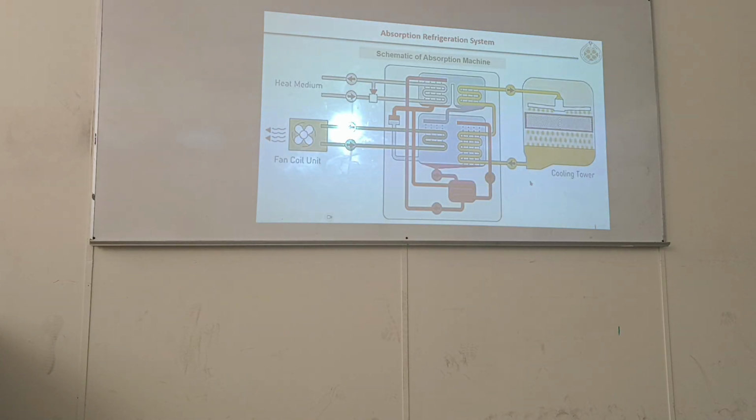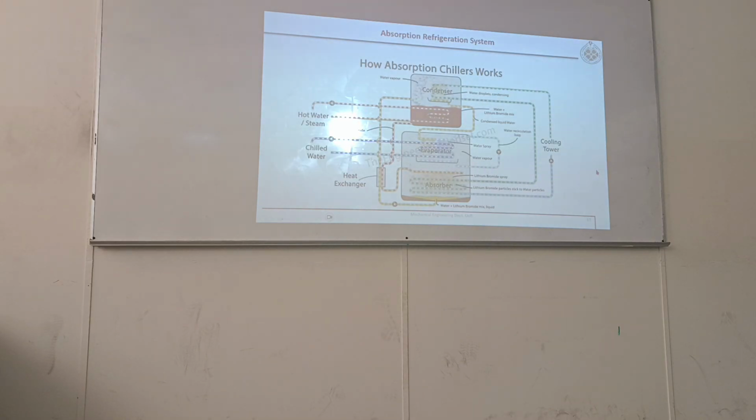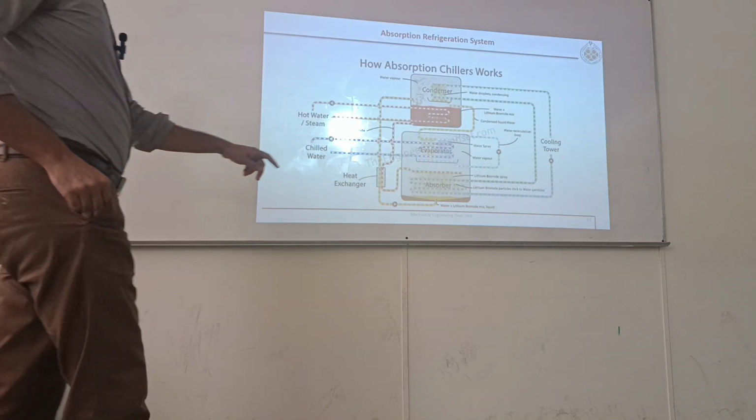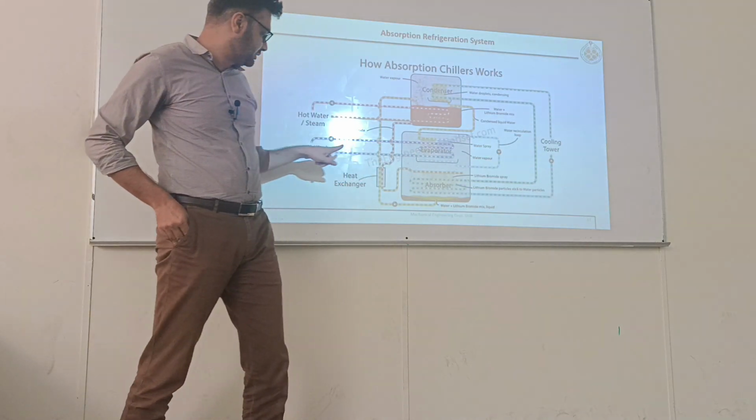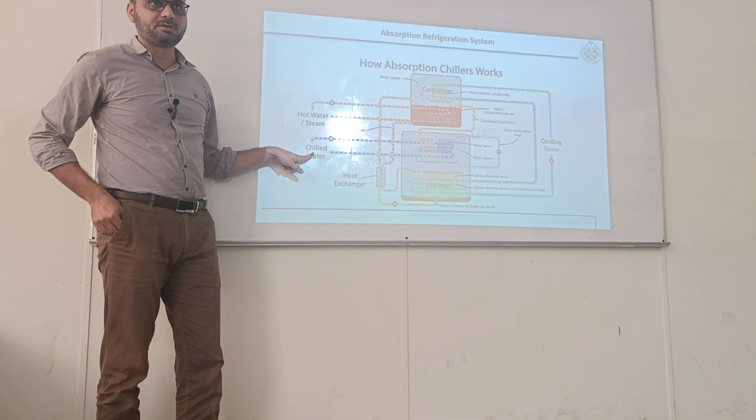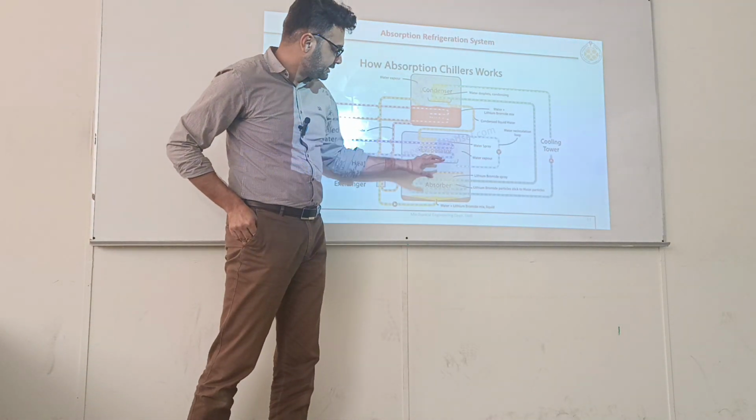Okay, so we'll discuss in the next class; till then you can continue to watch this animation. Here all those four processes are mentioned. They are occurring continuously. Now you can easily understand what is happening here. In the evaporator, refrigerant is evaporating by cooling this fluid, chilled water. Whatever is evaporated is absorbed here.